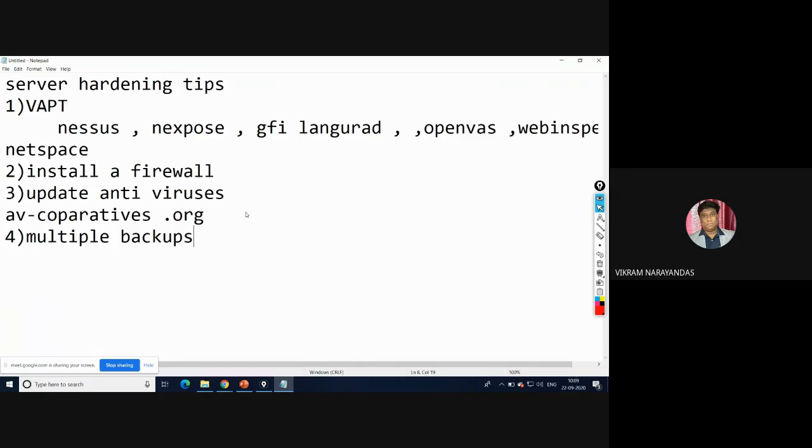Why? Because if some locations of your drive are disturbed, the other locations or data will be helpful. So you need to maintain multiple backups here.